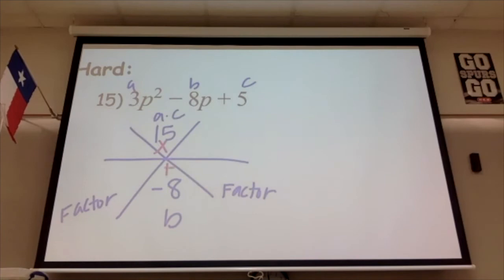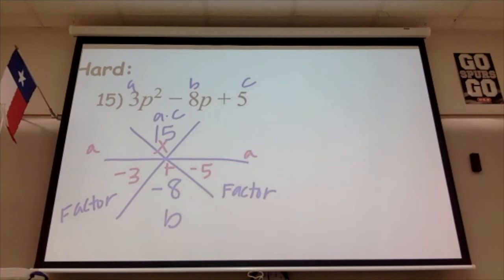So they're multiplying to be positive, adding to be negative, which tells me they both have to be negative factors. Negative 3 times negative 5 gives me positive 15. Negative 3 plus negative 5 gives me negative 8. Perfect.